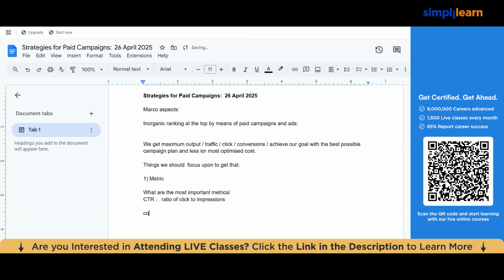Let's say conversion rate is nothing but total sales divided by total visits or total number of interactions, multiplied by 100.